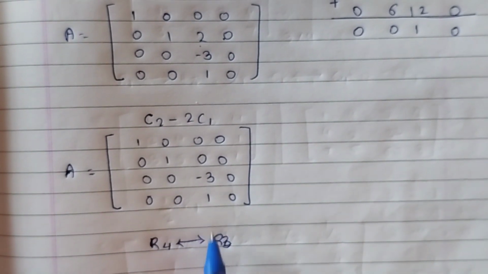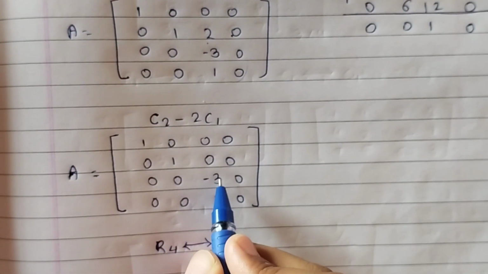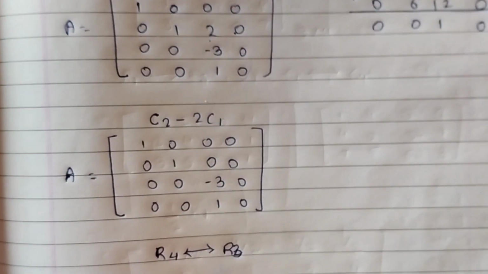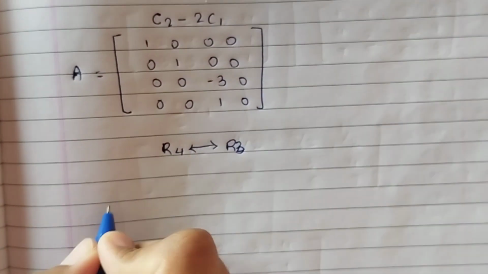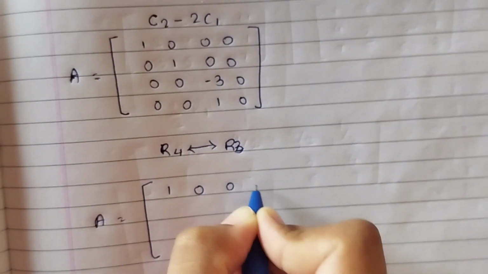If we interchange R4 and R3, we directly get our diagonal element as 1. So we perform the operation.